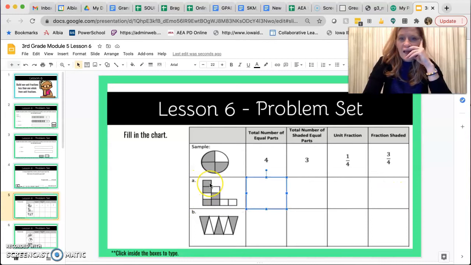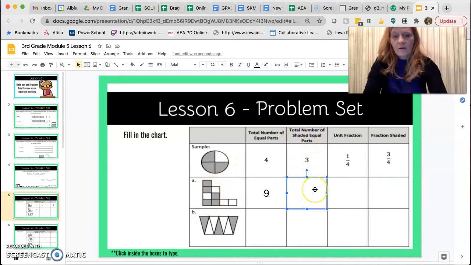So in letter A here, we are going to count the total number of equal parts to find the fraction. 1, 2, 3, 4, 5, 6, 7, 8, 9. So how many equal parts are there? 9. How many of those parts are shaded? So we're looking up here to find that total number of shaded equal parts. 1, 2, 3, 4, 5. So out of the 9, 5 are shaded.